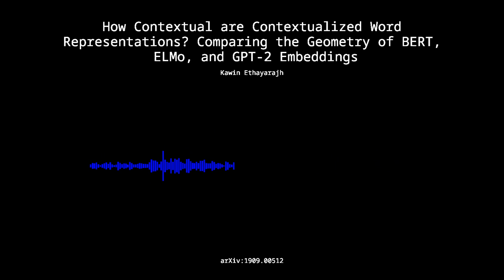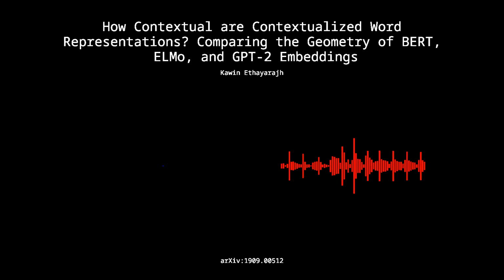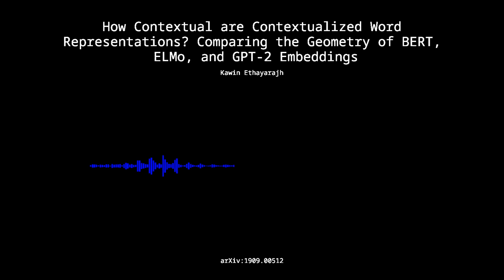To unpack this, the paper conducts a really rigorous layer-by-layer geometric analysis. Okay, what exactly are they looking at? They evaluate the input layer, which we define as layer 0, and then the subsequent hidden layers of 3 distinct architectures: ELMo, the base case version of BERT, and GPT-2. And what's the data set? The empirical grounding relies on the SemEval semantic textual similarity tasks from 2012 to 2016.